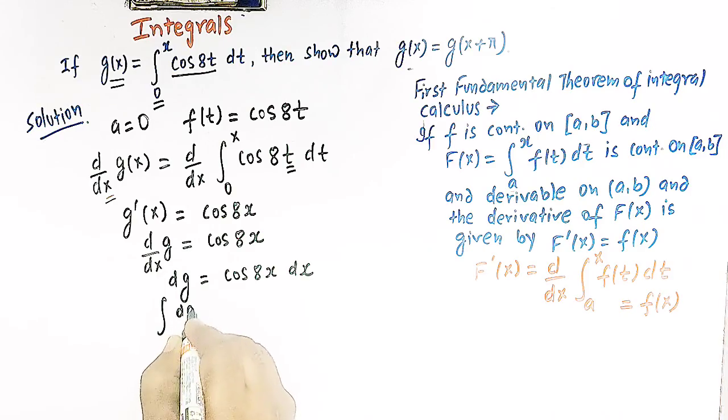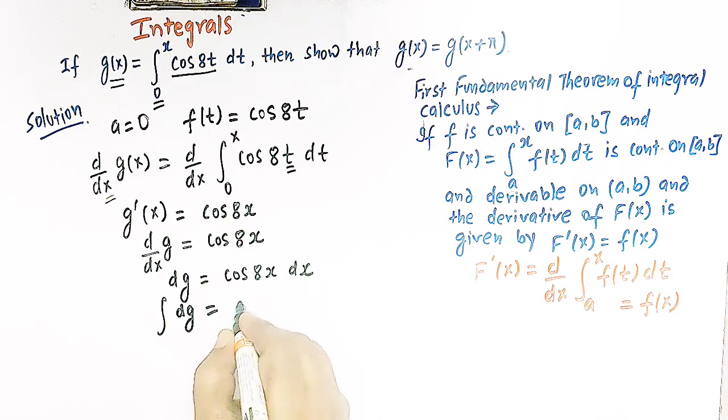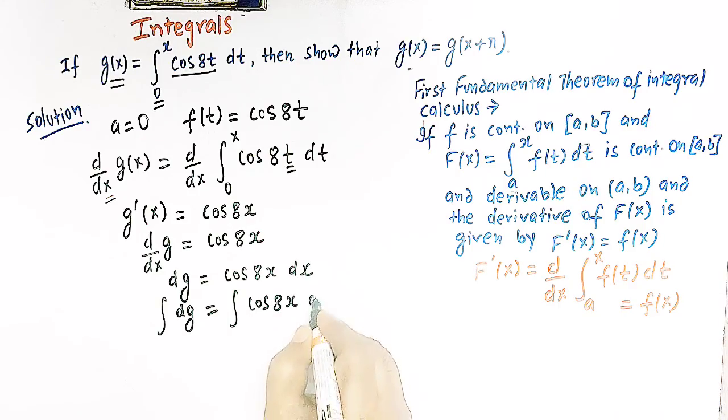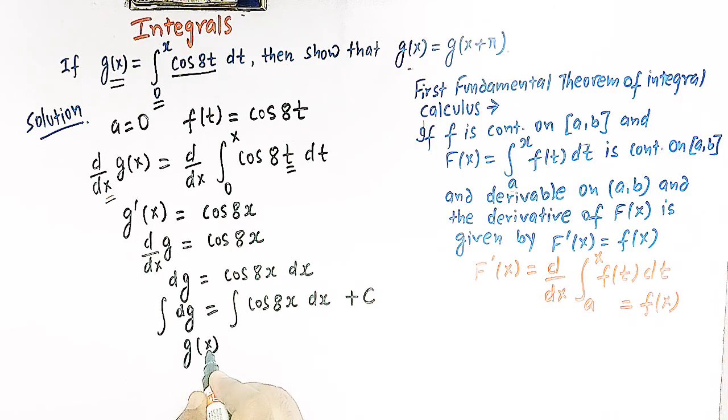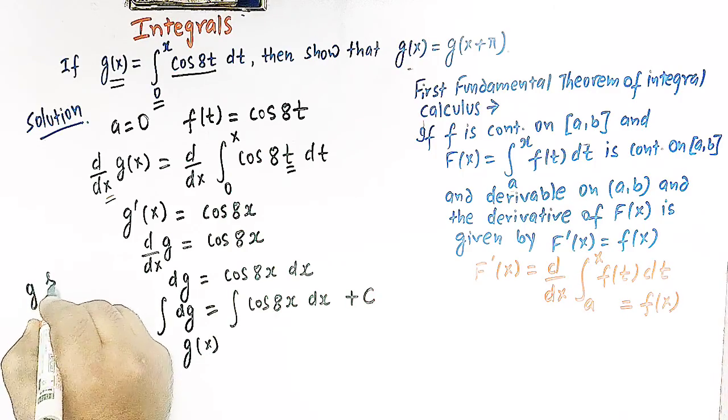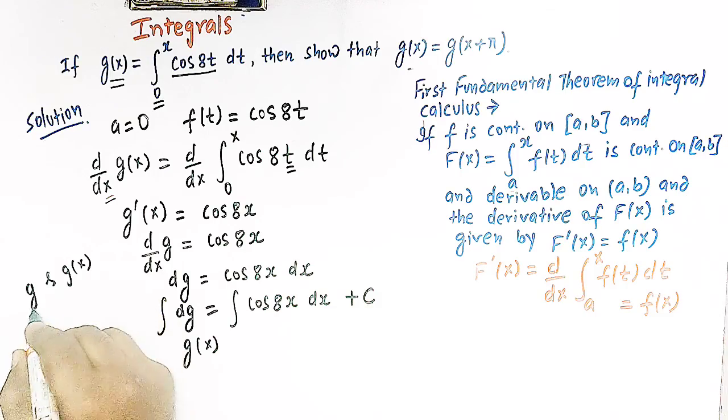So we have here integral dg, and here we have integral cos 8x dx plus c, where c is the constant of integration, right? So here we have simply g, so let us write it as g of x, right? So g and g of x are the same.